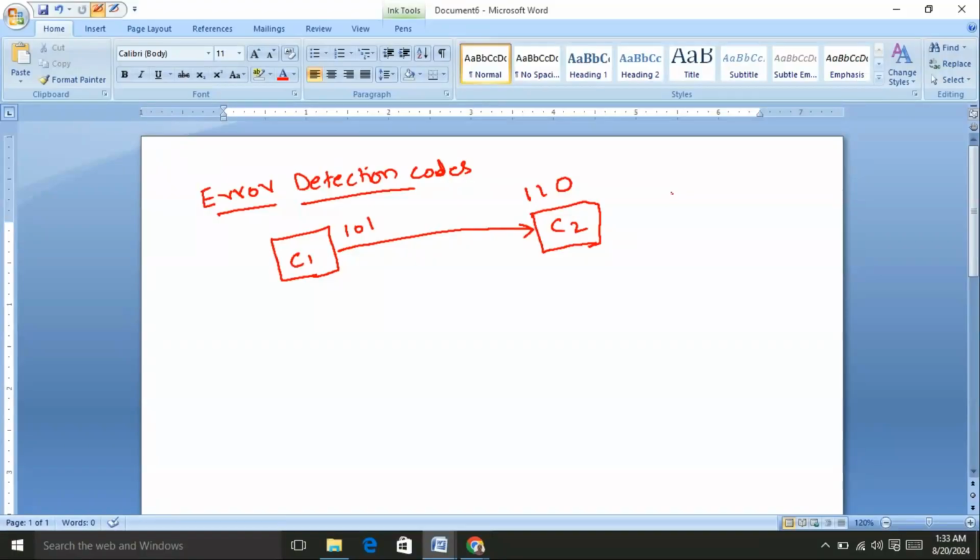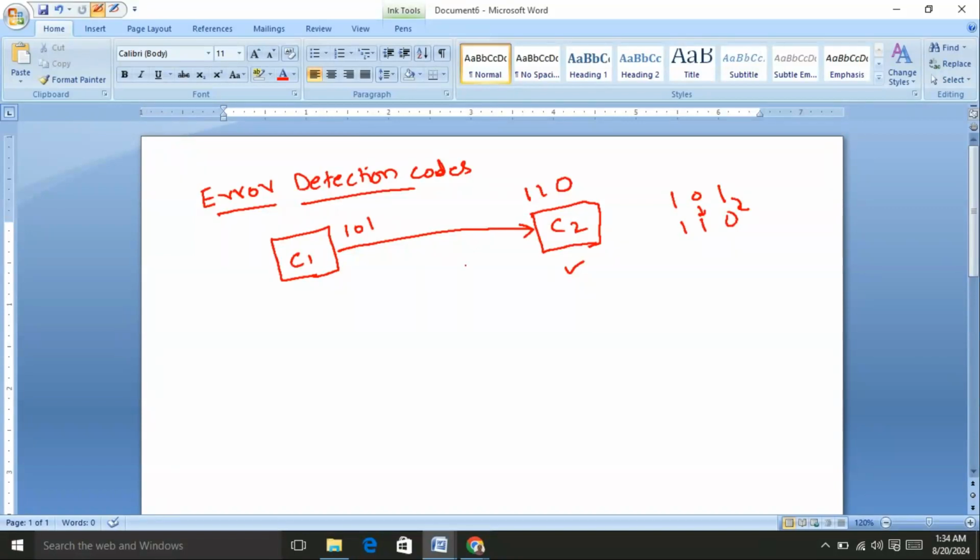You can observe that I actually sent 101 and it changed to 110. That is, this 0 changed to 1 and this 1 changed to 0.